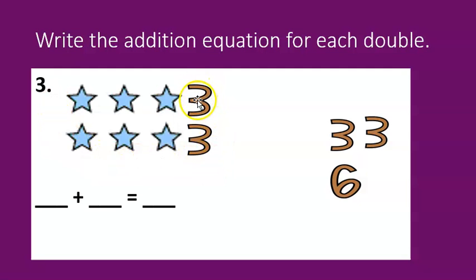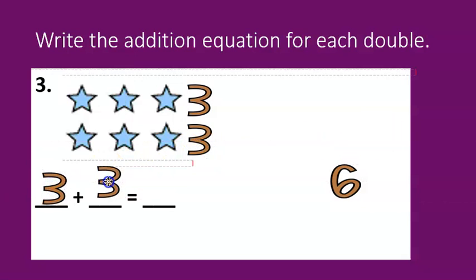Yes, because look, 3 and 3 are the same numbers, so it is a doubles fact. Now, we're just going to put 3 in these first two lines here to get 3 plus 3, okay? Let's bring 3 into this first line, and let's bring 3 into this next. Now, to get our answer, all we do is count up all the stars.